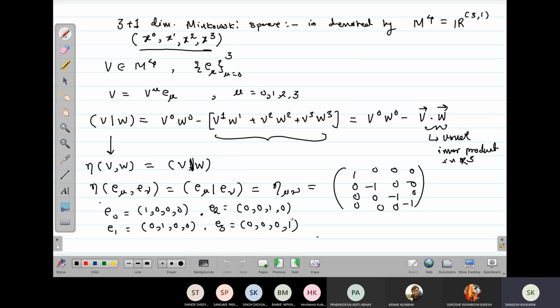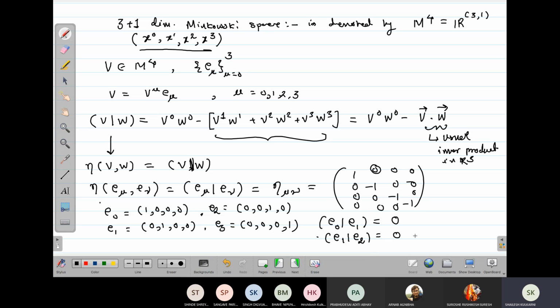In Minkowski space, the inner product is defined: E mu inner product with E nu is eta mu nu. Looking at the matrix, if I take E0 inner product with E1, I must get 0. That is this entry. Similarly, if I take E1 inner product with E2, I must get 0.